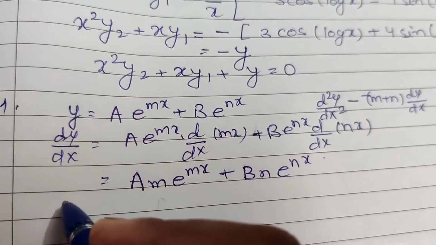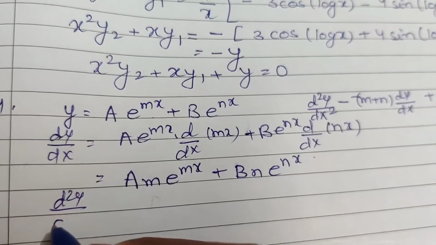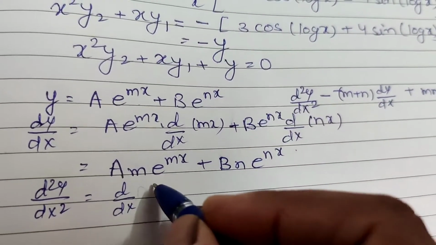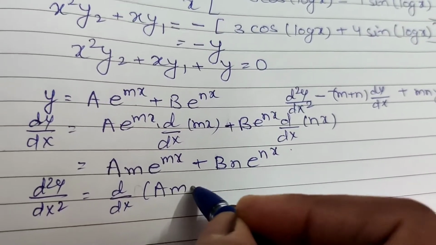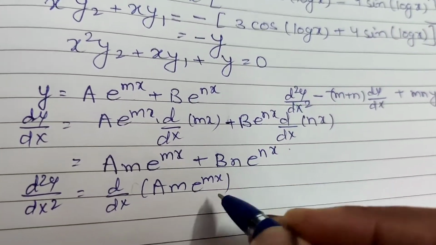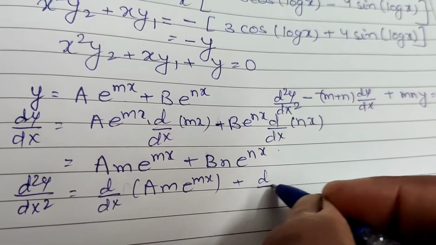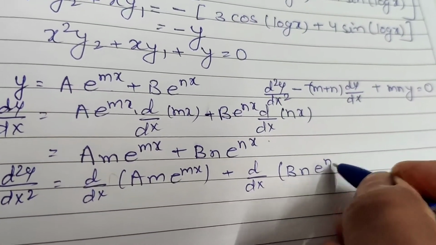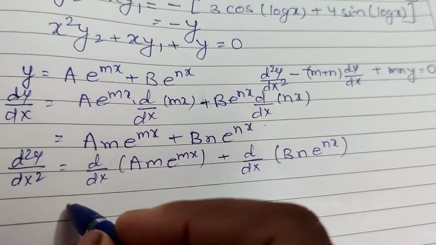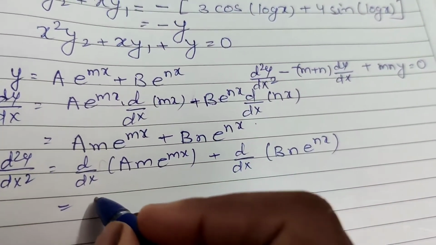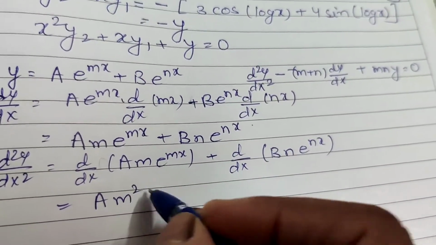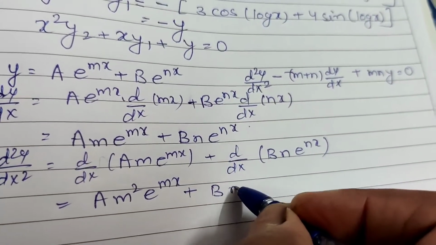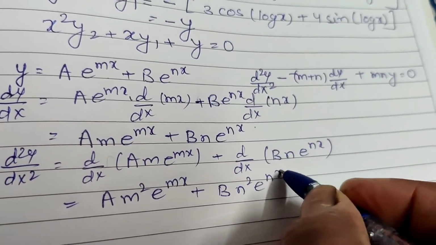d2y over dx square, d over dx of this, is equal to a m square e raised to power mx plus b n square e raised to power nx.